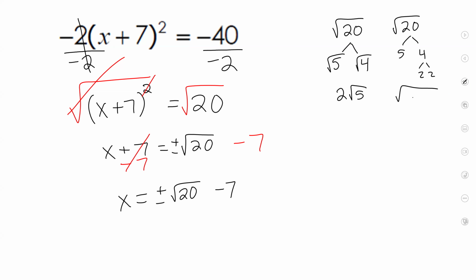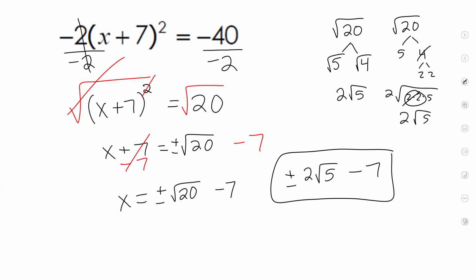So you'll have 2 times 2 times 5. That's a pair. Put it out. So you get the same thing. Okay, so my answer is plus or minus 2 square roots of 5 minus 7. This is your simplified answer. Let me highlight what we just simplified. We simplified the square root of 20 into 2 square roots of 5.